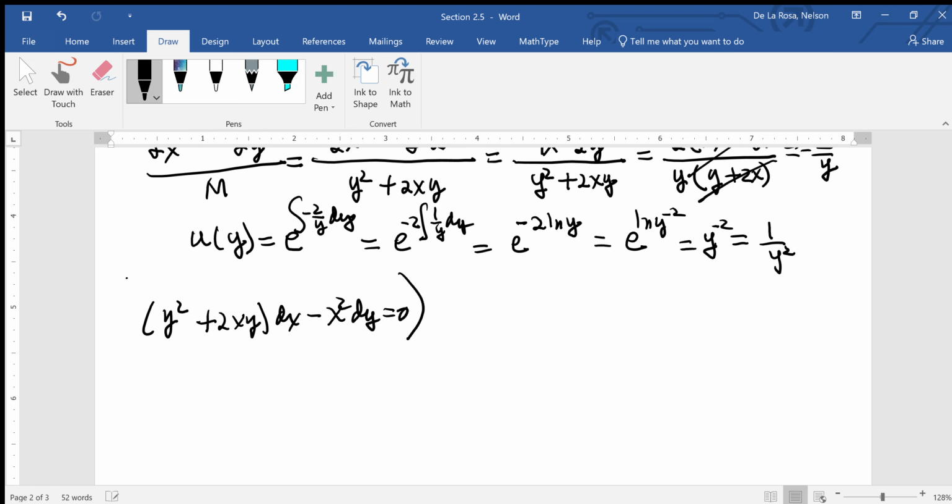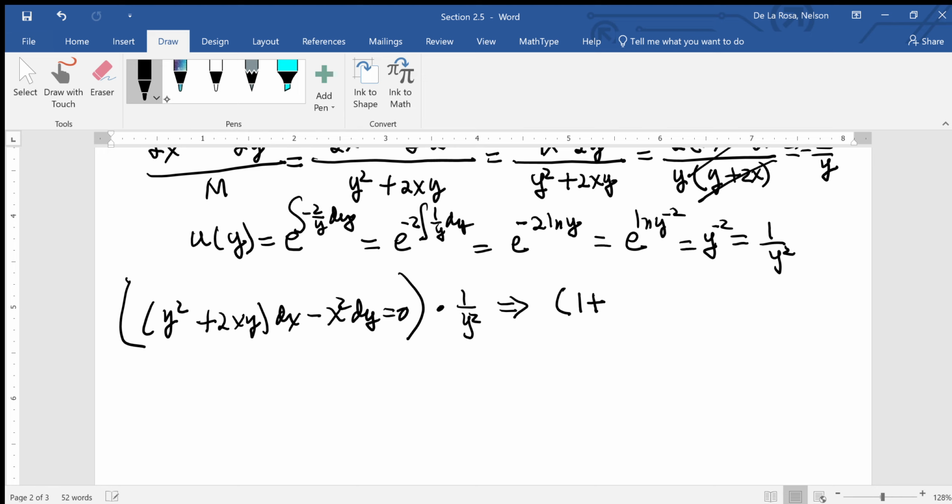That's the given equation, multiplied by the integrating factor. We have y to the negative 2, which is the same as 1 over y squared. It is the same exact thing. So if we multiply, we're going to get a new equation that is going to be exact. And you can check that.